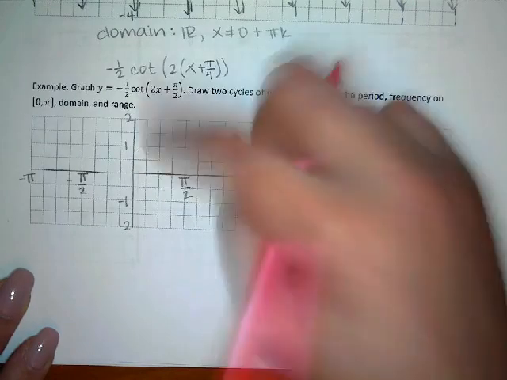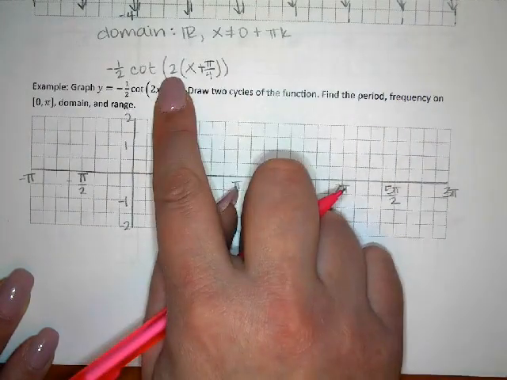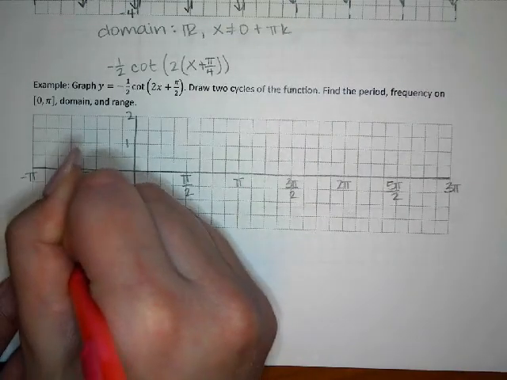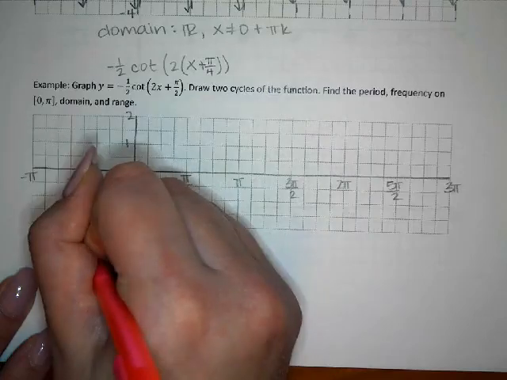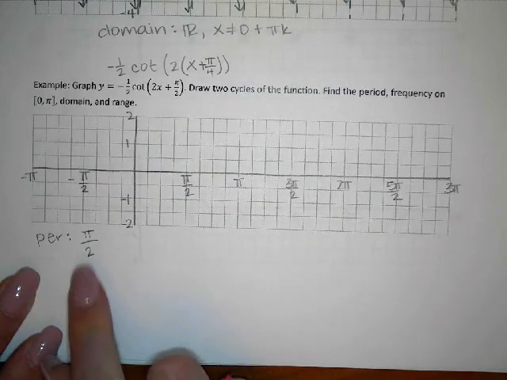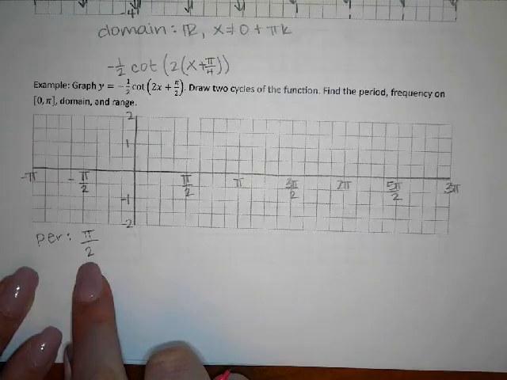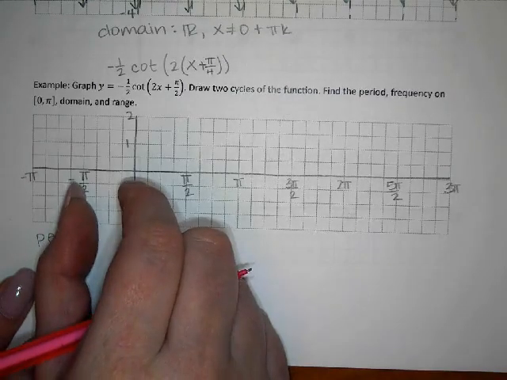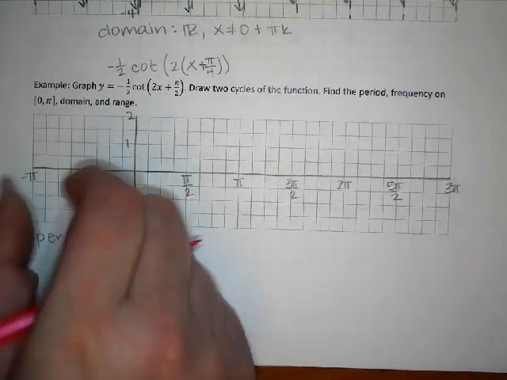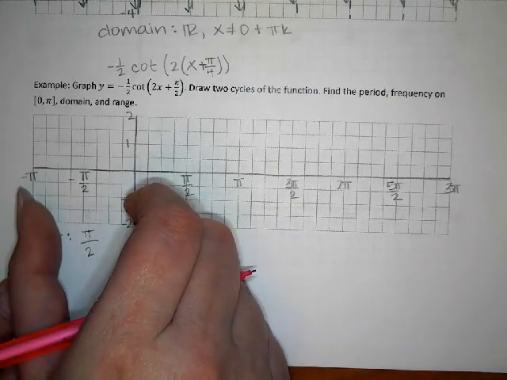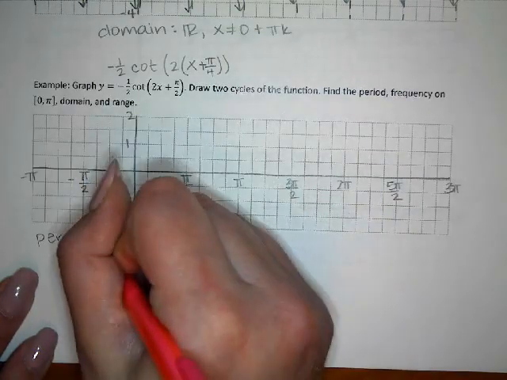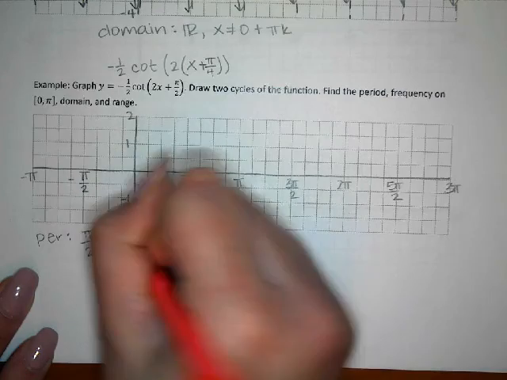So the period of the graph is pi divided by b, which makes the period of the graph pi halves. And so the other thing I did is I made these intervals pi halves and pi instead of pi and 2 pi. So I made the interval a little bit wider. So the period is pi halves, the frequency is 2. I'm going to have 2 curves between 0 and pi instead of just 1 curve between 0 and pi.